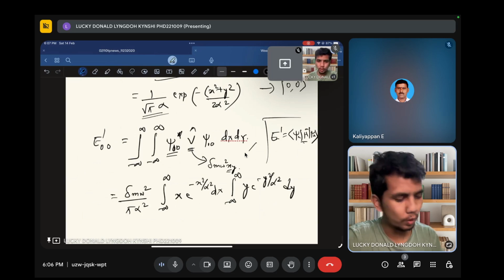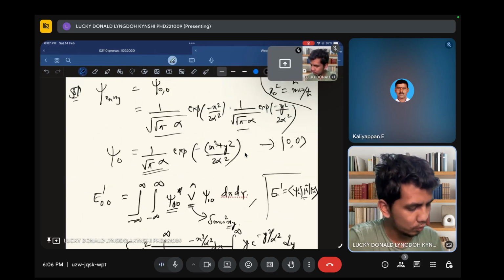We just substitute the wave function that we have already obtained from here. This is psi 0 0.